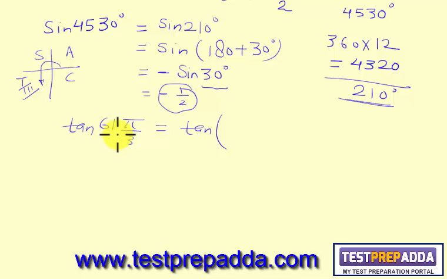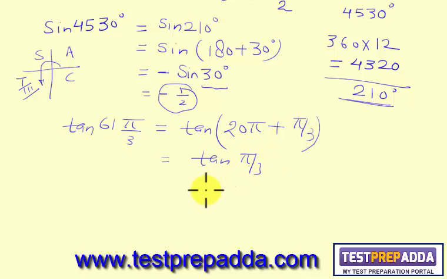As I told you, try to subtract as many 2 pi's as possible. So here I can write 61 pi by 3 as 20 pi plus pi by 3. And this will be nothing but tan pi by 3. And tan pi by 3 means tan 60 degrees, whose value is root 3.